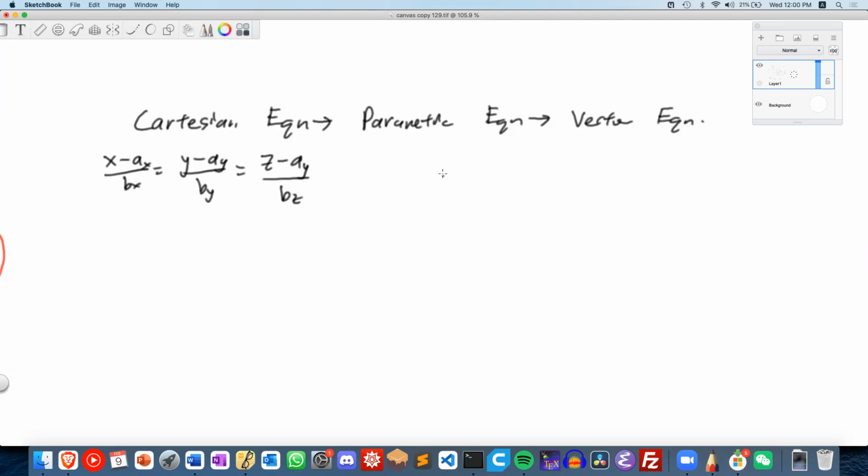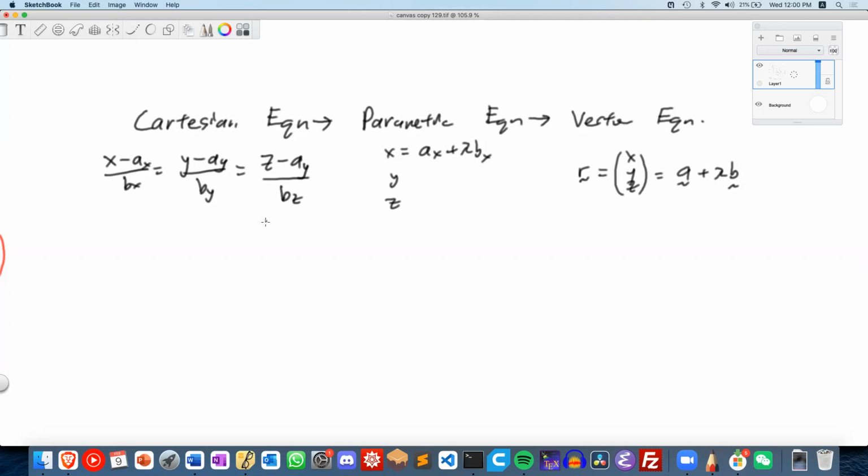Then the parametric equation looks something like x equals ax plus lambda bx, same thing for y, same thing for z, and the vector equation packages this into a single vector notation like this. The parametric equation and vector equation are very similar, just that the parametric equation takes each component and writes it out instead of packaging it into a column.